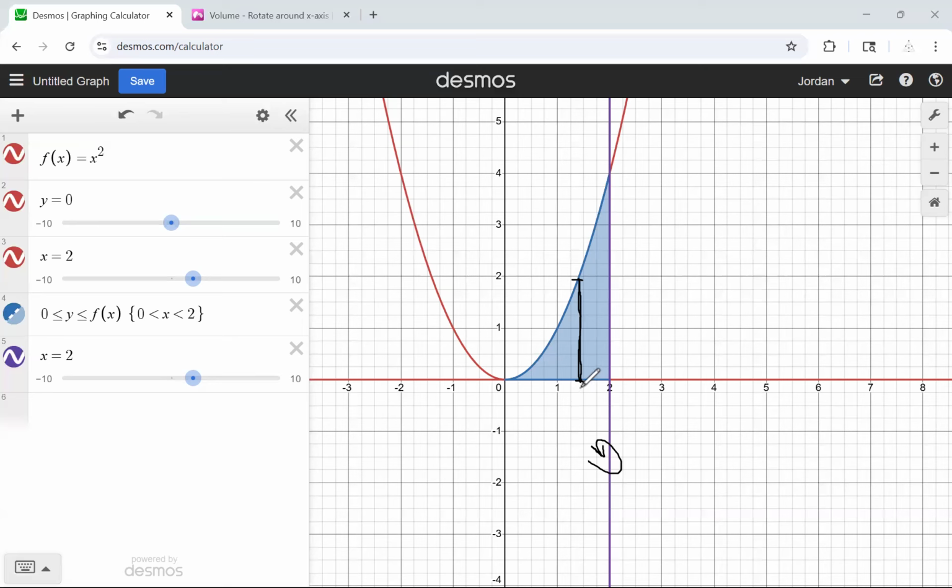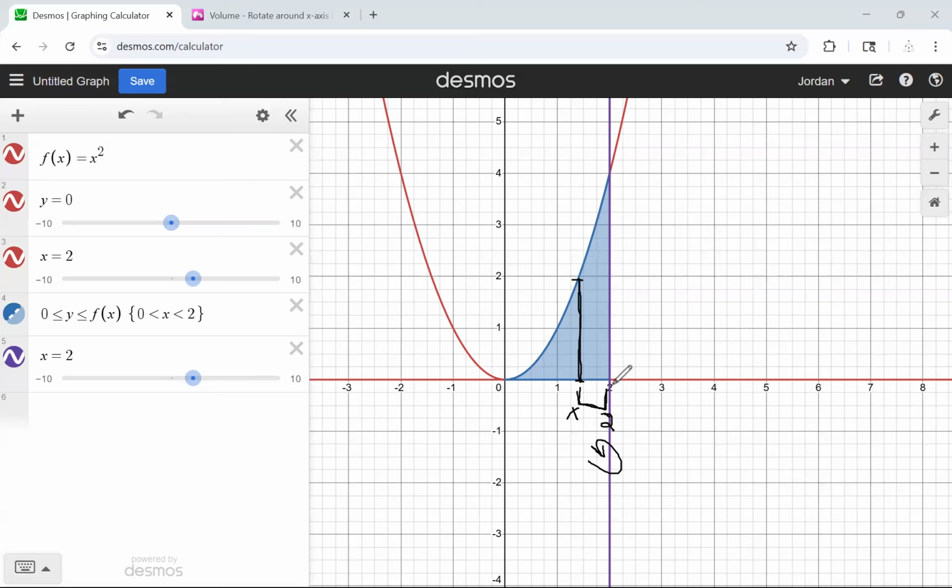In terms of the radius, now the radius is going to go from the rectangle to the line I'm rotating around. That is from an x value to the line I'm rotating around, which is x is equal to 2. Be careful with this. If I do an x minus 2, because all of my x values are under 2, I'm going to get a negative radius.